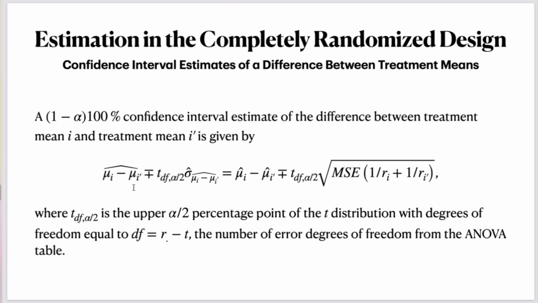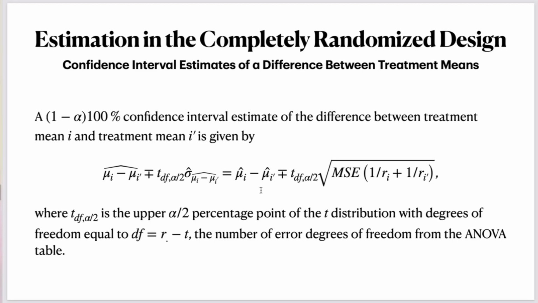So again, we start off with a point estimate of mu sub I minus mu sub I prime, and then from that point estimate, we go a distance to the left and to the right to get the endpoints of the interval. That distance is the margin of error, which is the product of the interval coefficient that comes from the t-distribution and the estimated standard error of mu hat sub I minus mu hat sub I prime.